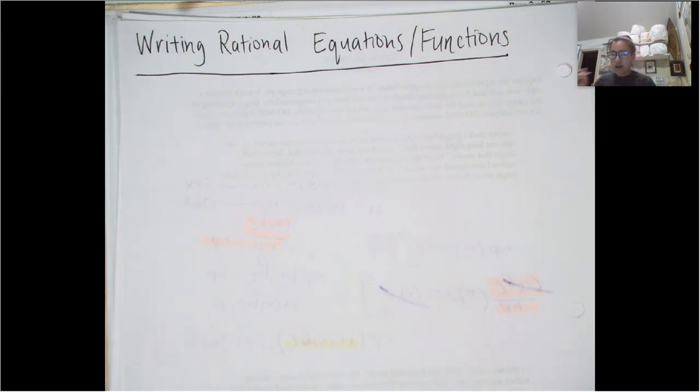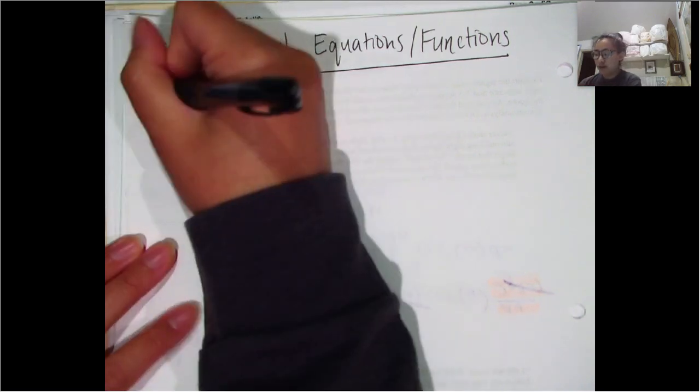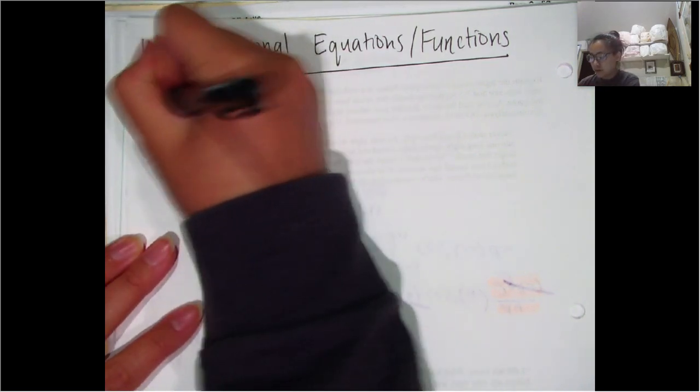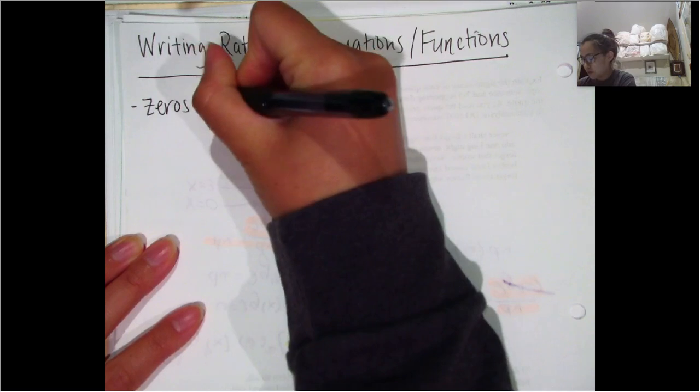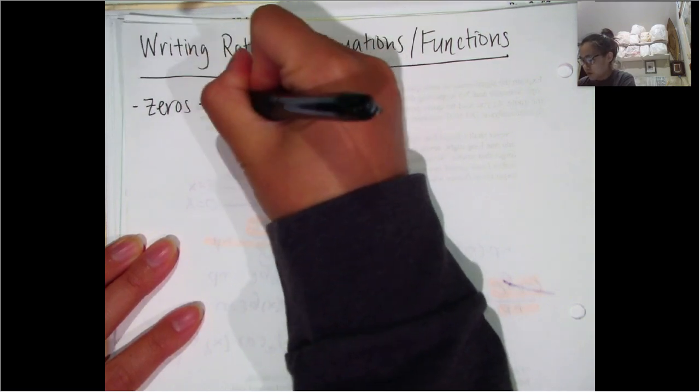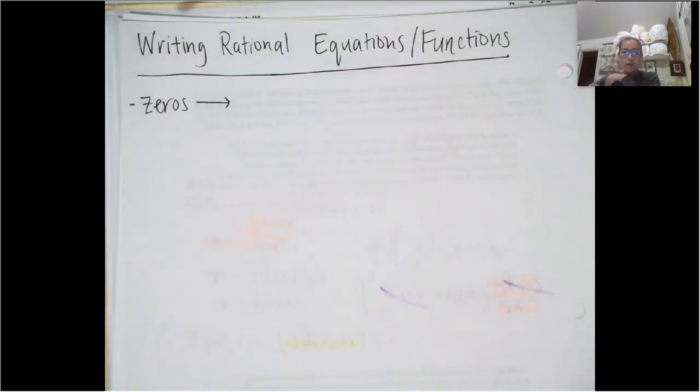We're going to start with zeros. So when you have a zero at, say, like x equals 5 or x equals like 8, that means that you have x minus 5 or x minus 8 in the numerator.